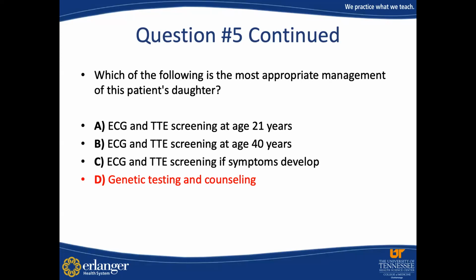The big thing with this is screening early and frequently when you have a positive genetic test. And if a family member has a positive genetic test, everyone in their immediate family should get genetic screening. Now if the father didn't have the gene, you would probably screen everyone with an echo and then decide how often you need to keep seeing patients based off of their age.